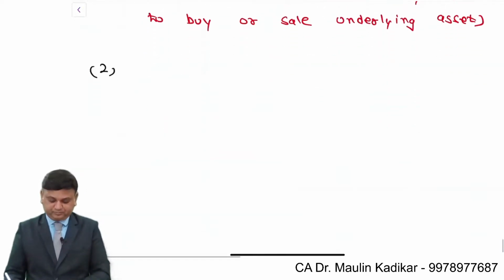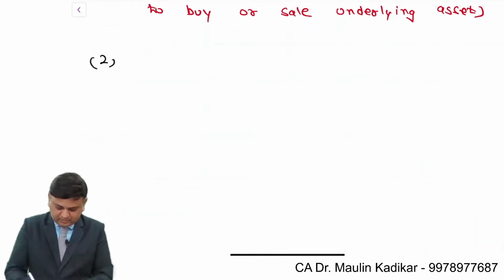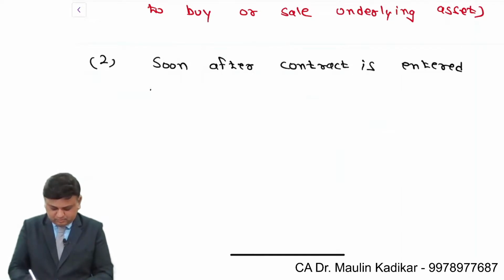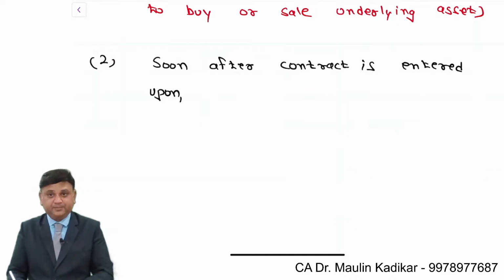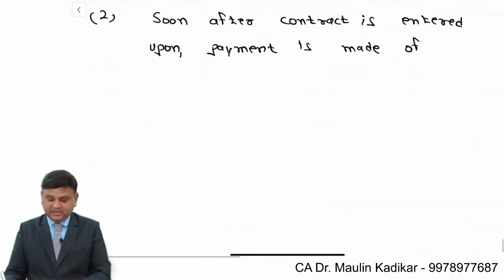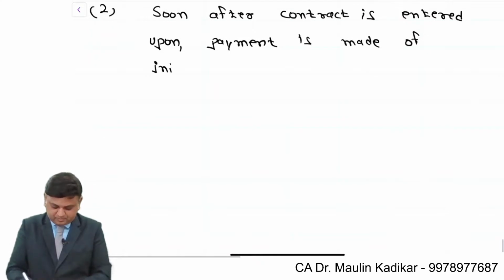Second point, soon after contract is entered upon, comma, payment is made of initial margin.